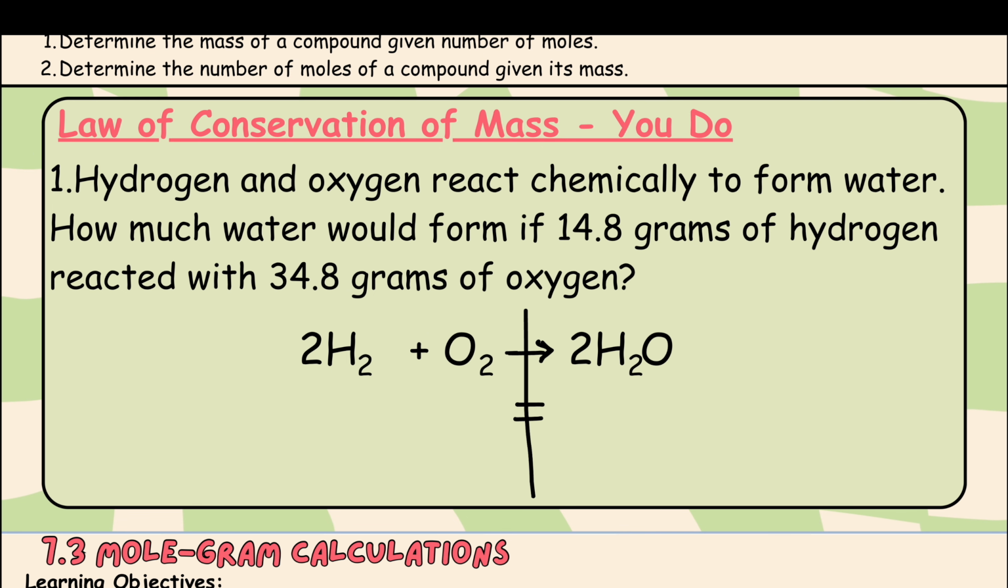Now we're going to write out the information that they gave us. So they tell us that there's 14.8 grams of the hydrogen. So I'm just going to write down the 14.8 grams underneath the hydrogen. And then it also tells us that there are 34.8 grams of oxygen.